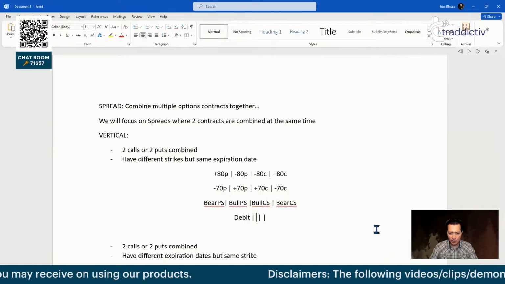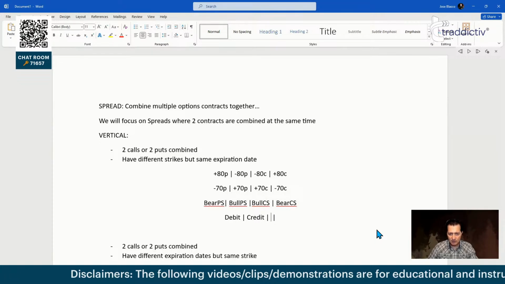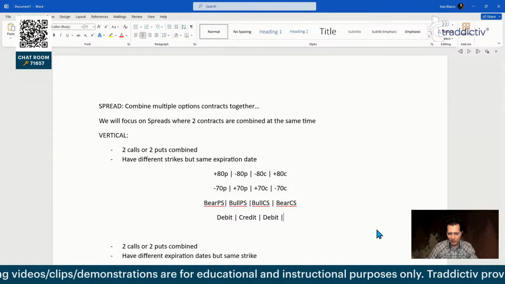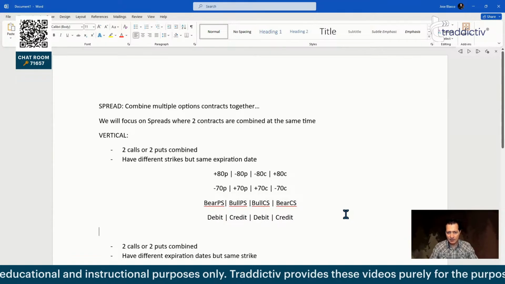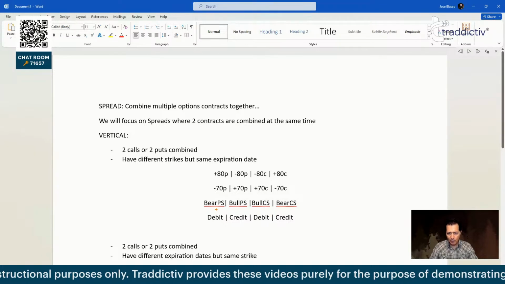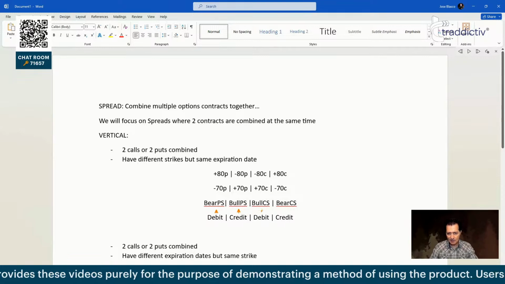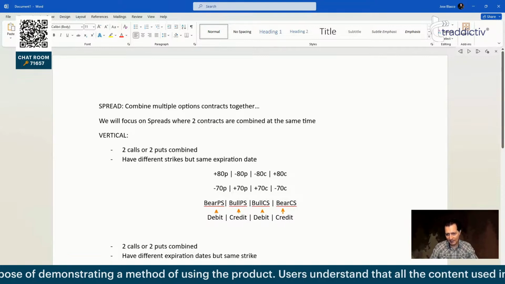When you sell a put, it's a credit, you get paid for it. When you buy a call, it's a debit, you have to pay for it. And when you sell a call, it's a credit, you get paid for it. So in other words, the bear put spread is a debit, the bull put spread is a credit, the bull call spread is a debit, and the bear call spread is a credit.